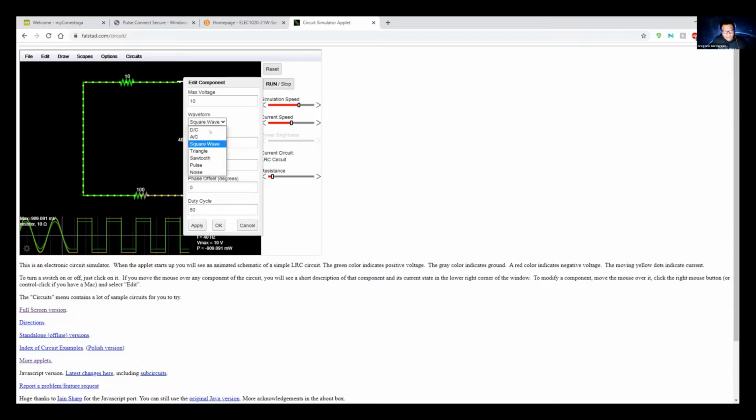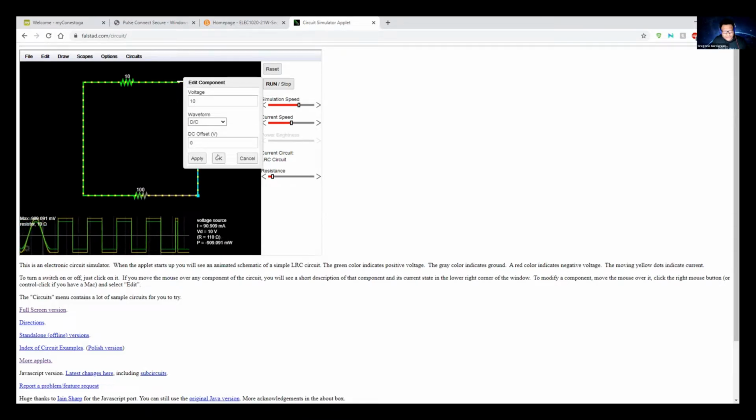However, in our case, we are just dealing with DC, so that's what we are going to use, and we can either apply or just press OK. If we apply, we can leave everything open and change any of these parameters. But the only parameter that we are going to use for our class is voltage, and we are just going to leave it on the DC waveform.